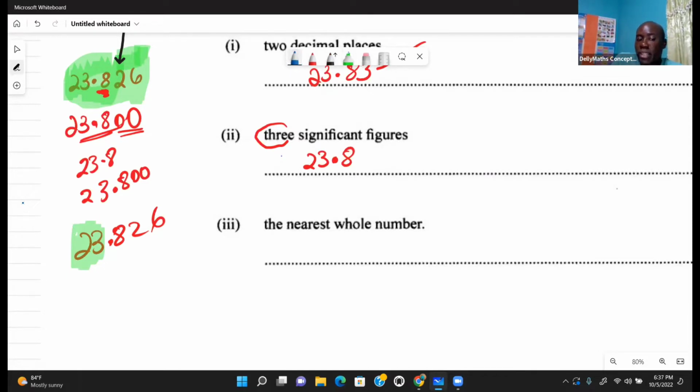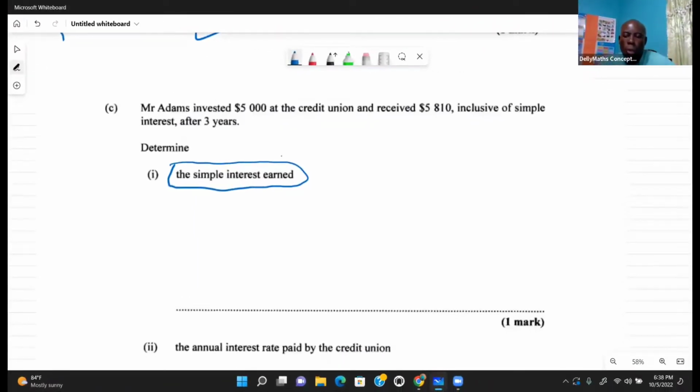We're taking into consideration this number 3 right there. So that is the spot that must be changed or left alone. Now you look to the immediate right. There's an 8. The 8 is in the 5 to 9 category. So the spot moves up by 1. So this becomes 24.